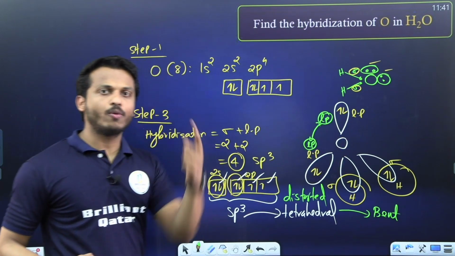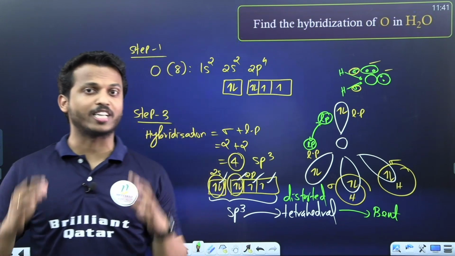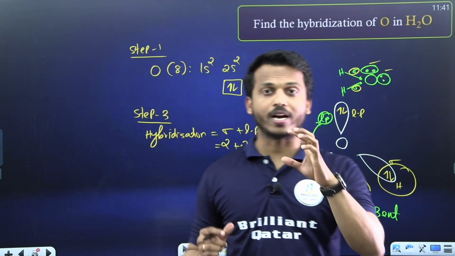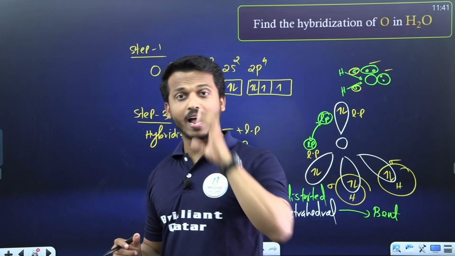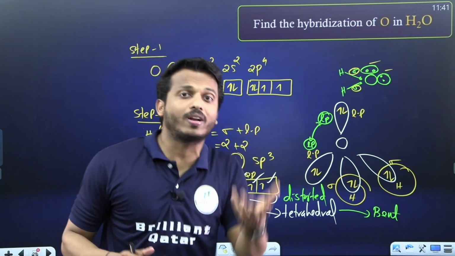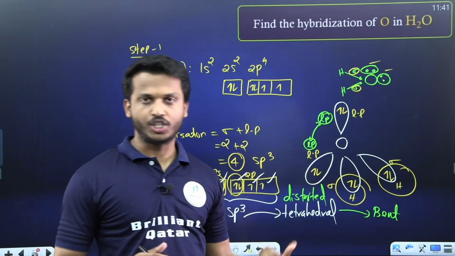So ammonia and water, careful here all, in the ammonia and water case, they are actually in sp3 hybridization. As per sp3 hybridization, its structure is tetrahedral. But ammonia is not tetrahedral, it is called distorted tetrahedral and comes to trigonal pyramidal shape, right?